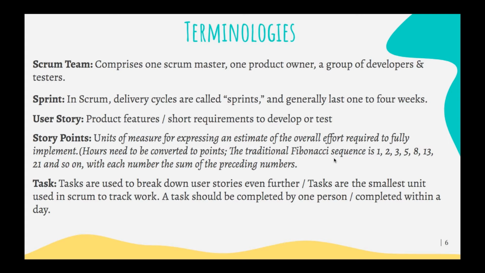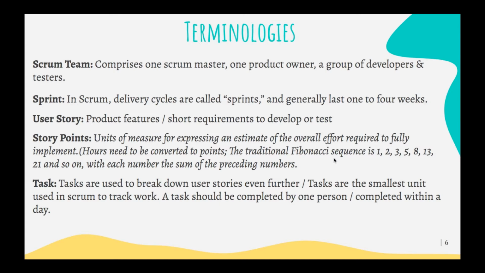Before getting into the framework, let's understand the many terminologies associated with Scrum. What is a Scrum Team? A Scrum Team comes with one Scrum Master who runs the show, one product owner, and a group of developers and testers.